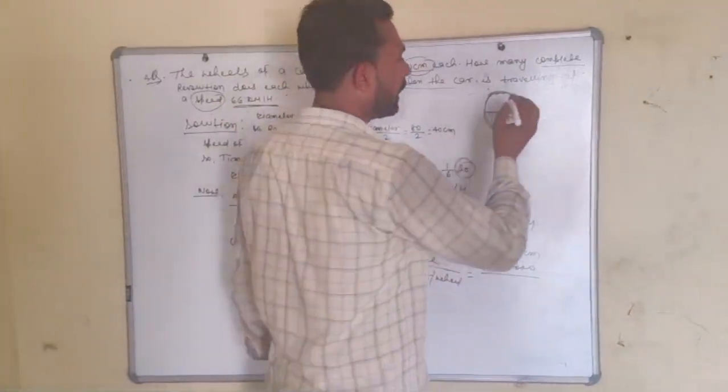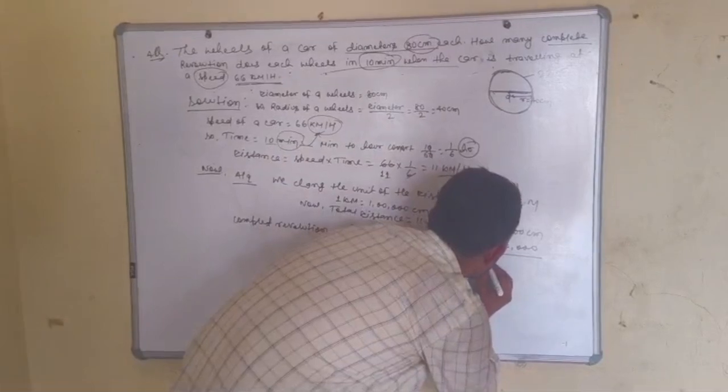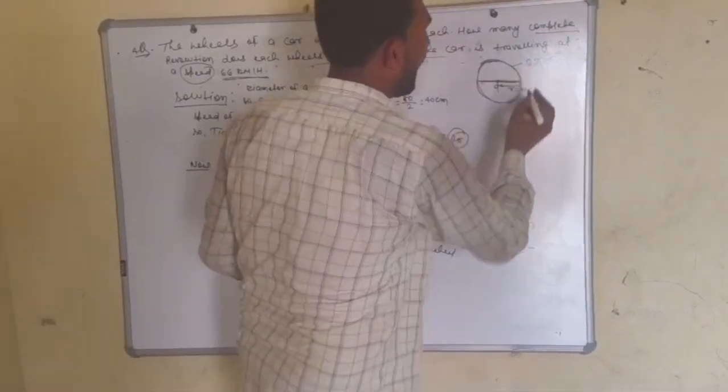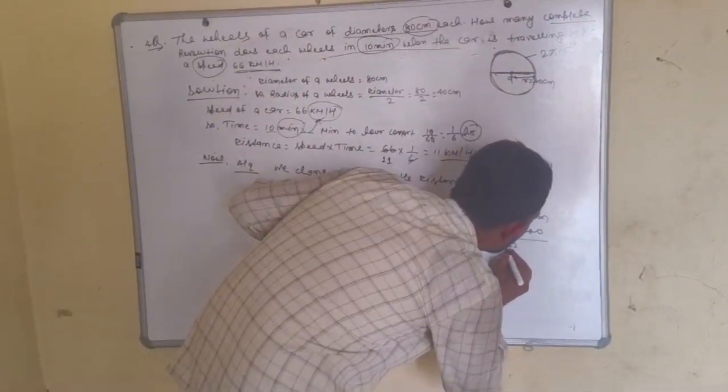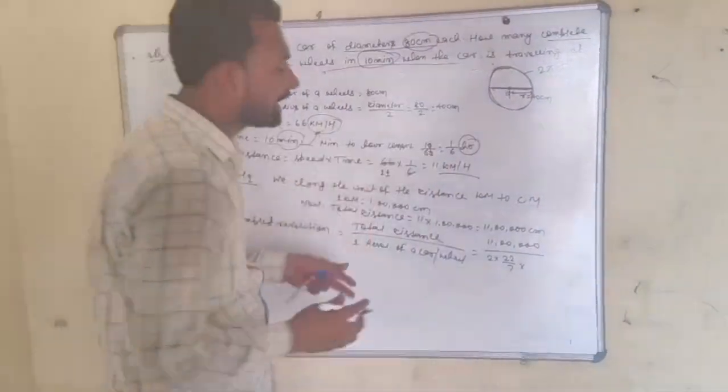Perimeter of the circle is 2 pi r. Value of pi is 22 upon 7. Radius of the wheel is 40 centimeter.